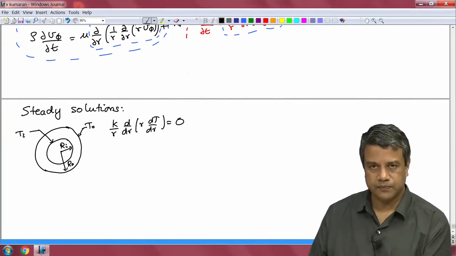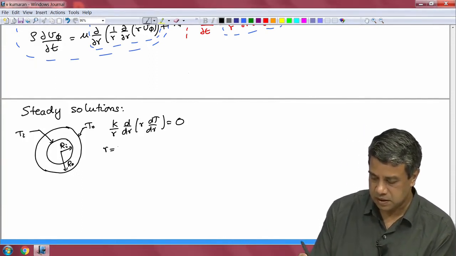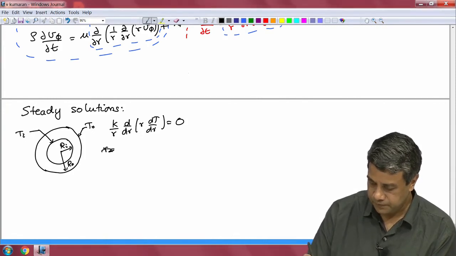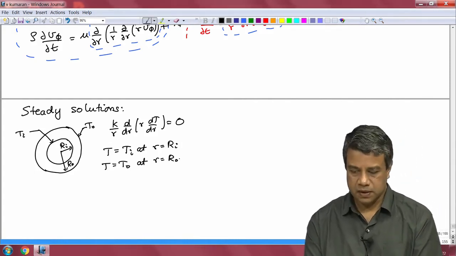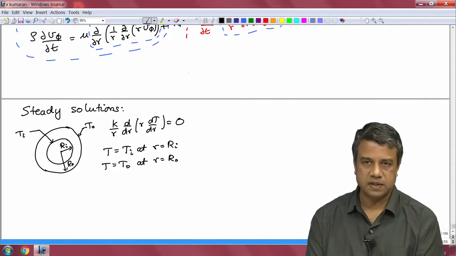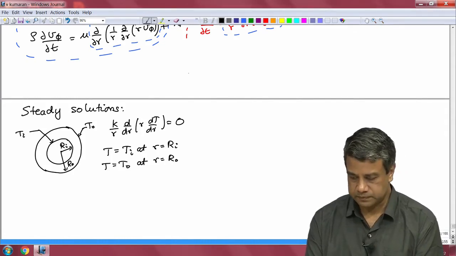This has to be solved subject to the boundary conditions at r equal to r I and r equal to r O. So, subject to those boundary conditions, we need to solve this equation and find out what is the heat transfer rate due to this temperature difference between the inner and the outer surfaces. That is what we have to find out.